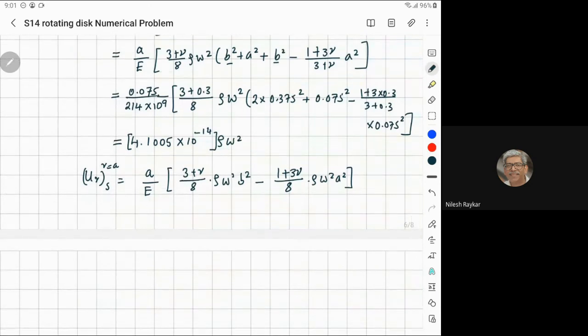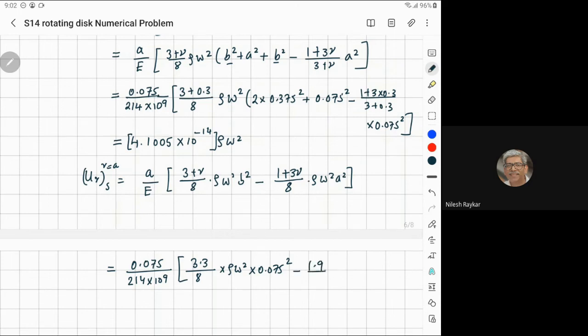So this we will get as a is 0.075 divided by 214 into 10 to power 9, 3 plus nu is 3.3 divided by 8 multiplied by rho omega square into b square, so that is 0.075 the whole square, minus 1.9.